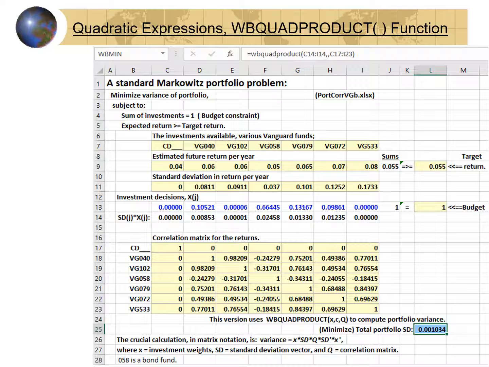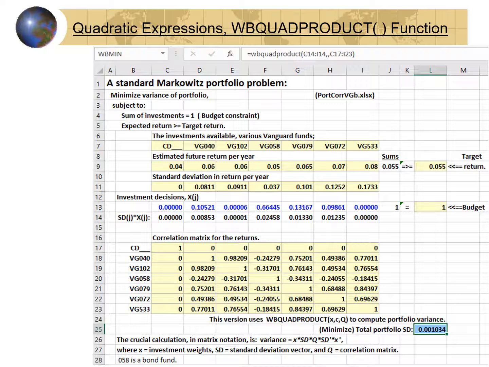A very standard application of quadratic expressions is computing the variance of a portfolio, a so-called Markowitz portfolio. Here is a standard statement of it for a portfolio where we're considering 7 different investments, 6 Vanguard funds plus CDs.